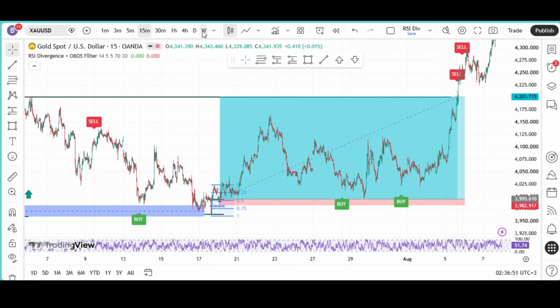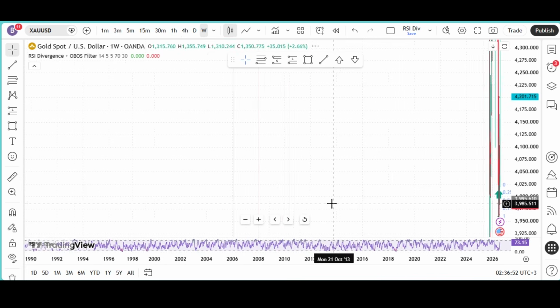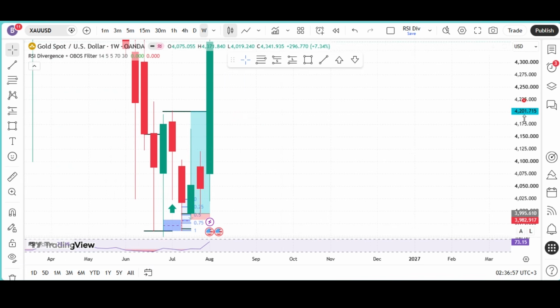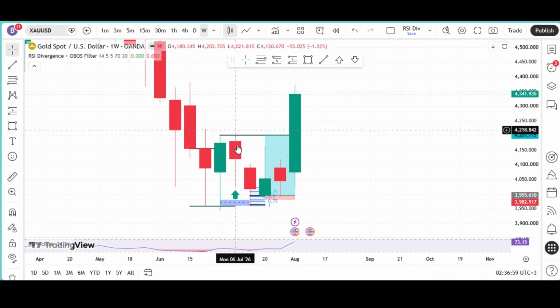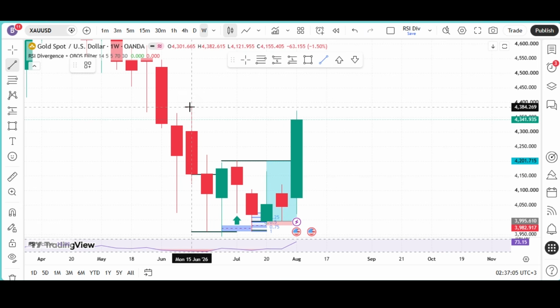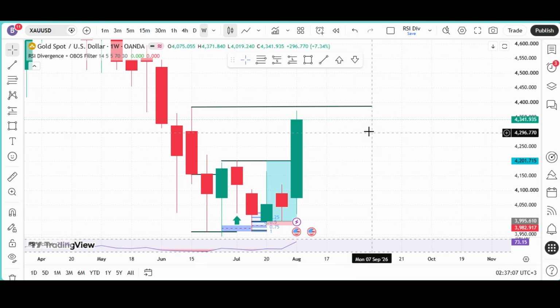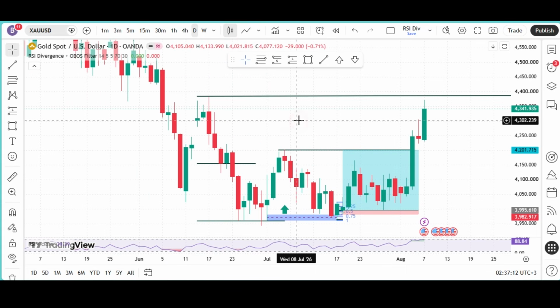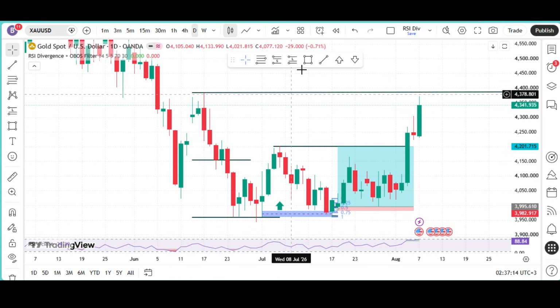Now go back to your weekly time frame and map out your target using that weekly time frame. You can see the first TP is these relative equal highs from the weekly time frame, and also this high here. You can also come to the daily time frame and mark out other levels where you can assume price is going to go.